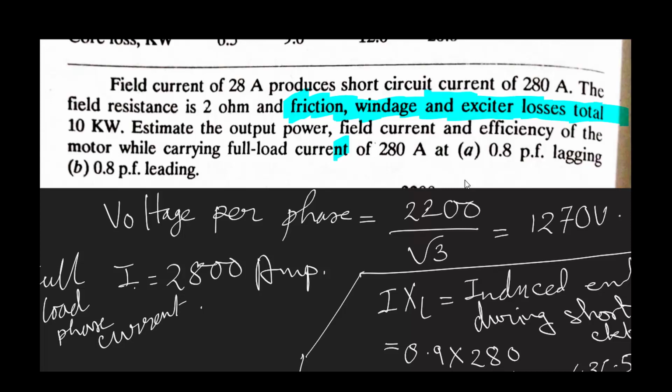When your machine slows down, the magnitude of those losses also goes down. Now what happened? When you change your E, right?